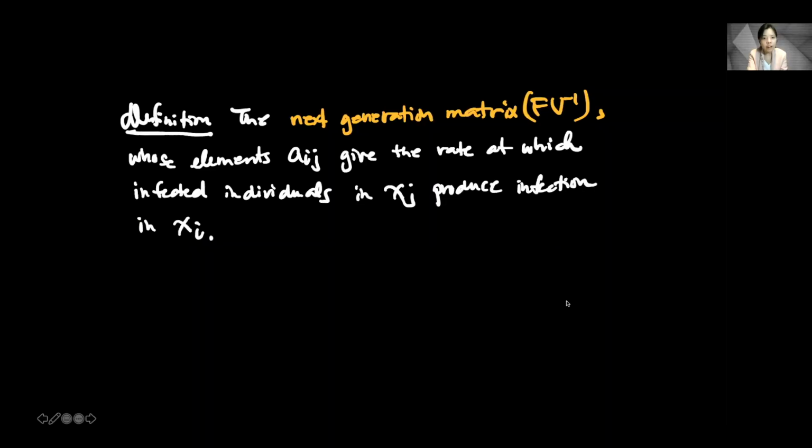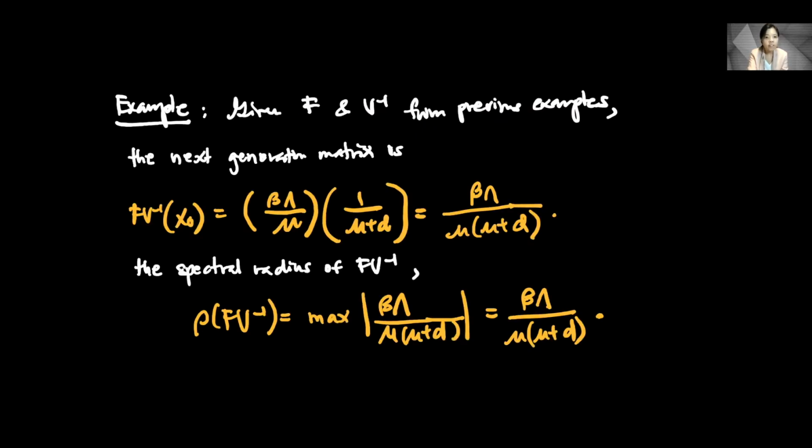Hence, we can derive the next generation matrix, which is a product of the two matrices. Then we compute the spectral radius of this next generation matrix, which is beta times lambda, all over mu times the sum of mu and d.